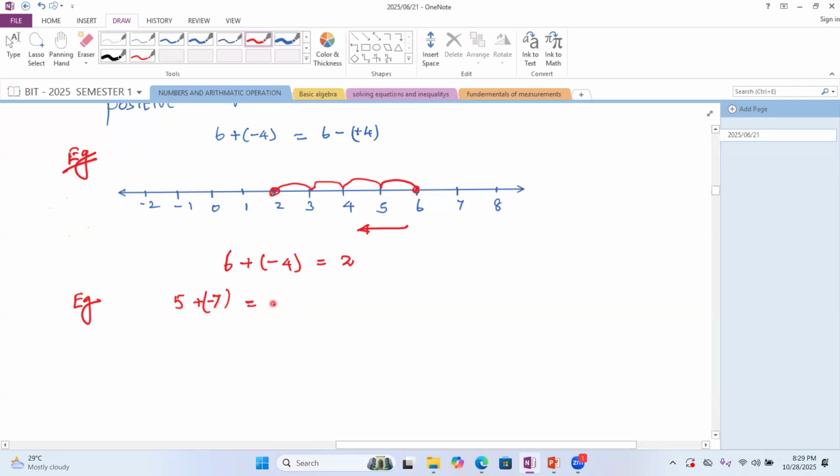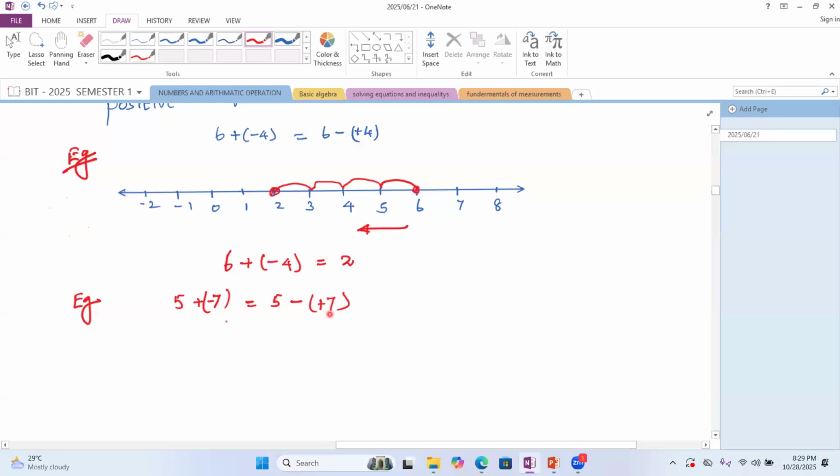That can be written as 5, addition becomes subtraction, then the negative number becomes a positive number. So adding a negative number is equivalent to subtracting a positive number.